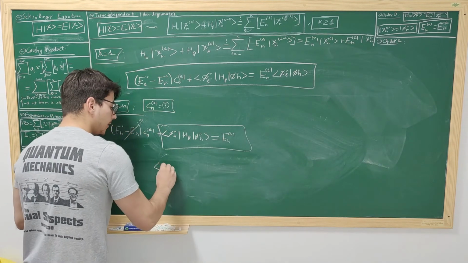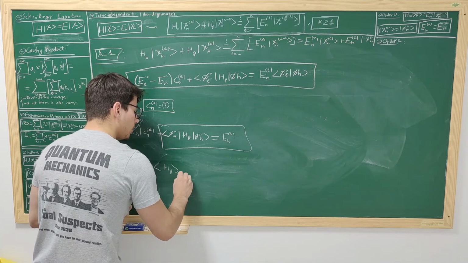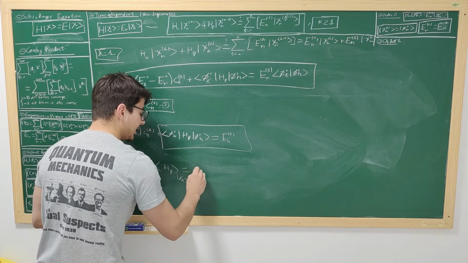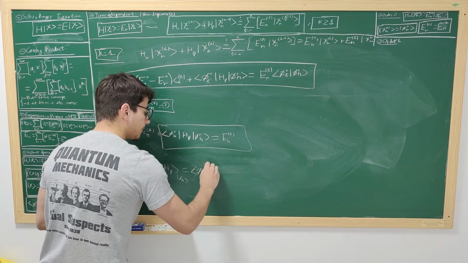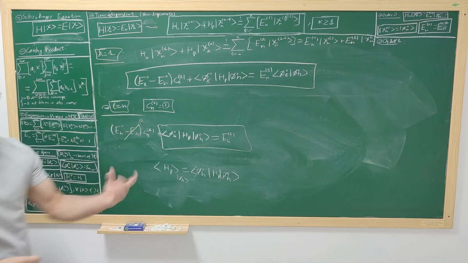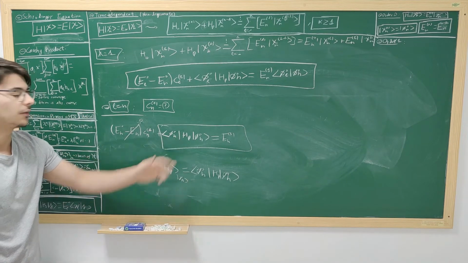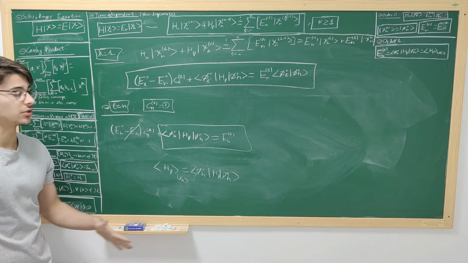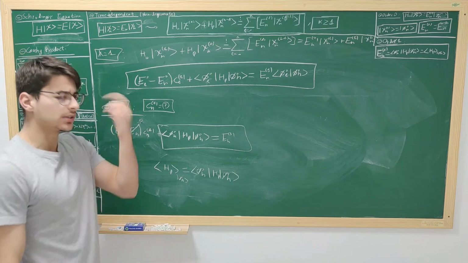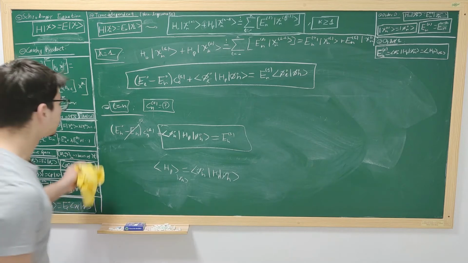Recall that the expectation value in this state is just this inner product. So our first order correction to the energy is just the expectation value of H'. This is a very important result, and as we'll see in examples and applications, it's really useful to calculate corrections to the energy, and it's not too hard.